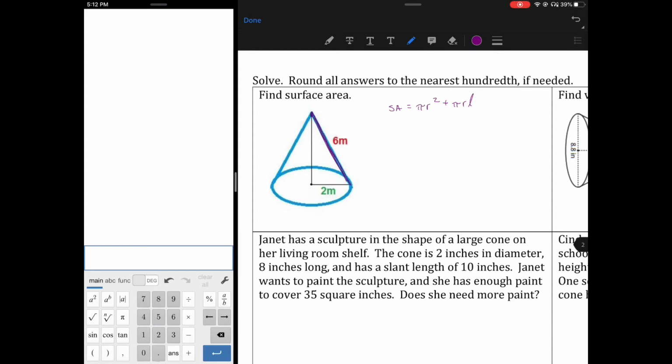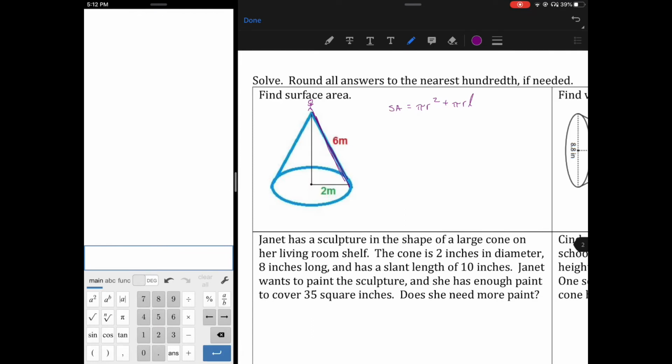What you have to be careful of is that sometimes it'll give you 2 values. It'll also tell you this height right here. You have to recognize that L stands for the slant. I like to think of it as if I had a person standing on the top of that cone. If they slid down the side, that is the slant.